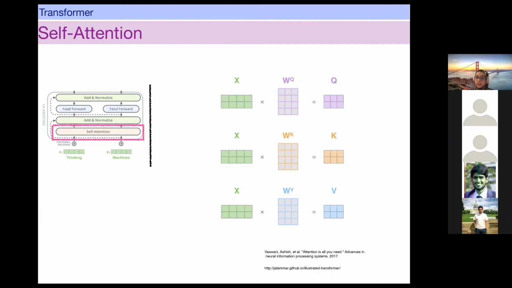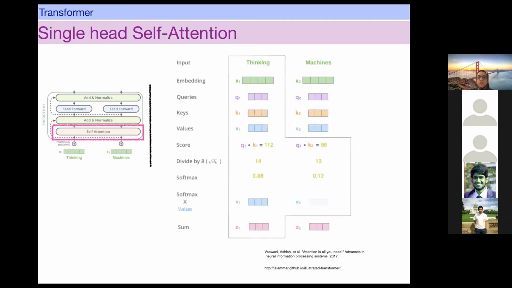We have this input X, and then we're going to multiply it by 3 different weight matrices: WQ for query, WK for key, and WV for value. Now we have these new inputs Q, K, and V, which represent the input as query, key, and value. How do we know which query matches which key?